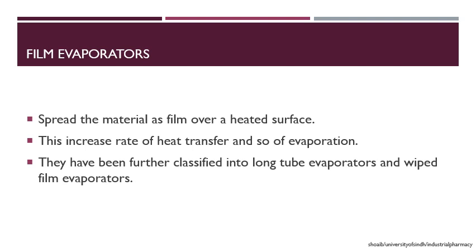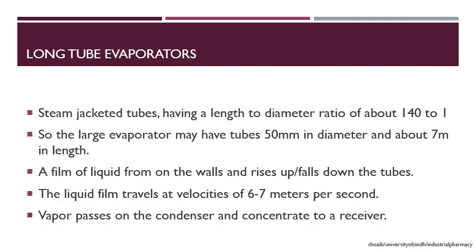These types of evaporators are further classified into long tube evaporators and wiped film evaporators. Firstly, we will discuss the long tube evaporators, and then we will move to the wiped film evaporators. The long tube evaporators are steam jacketed tubes.